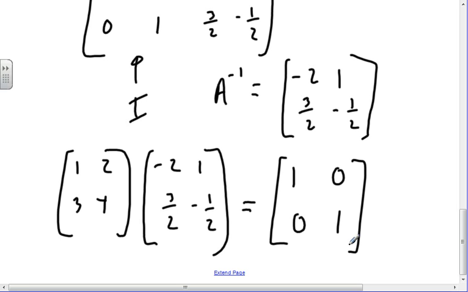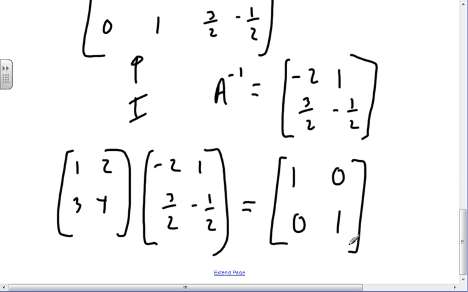Second function, matrix, A. Second function, matrix, math, inverse, enter. Minus 2, 1, 1.5, and minus a half. Exactly what I got. So my calculator can do it for me too. I can get an inverse matrix.